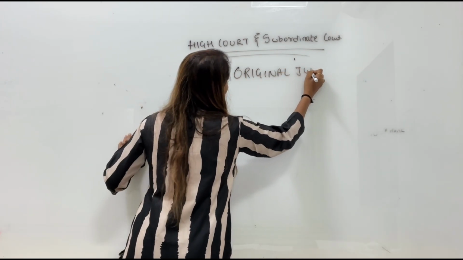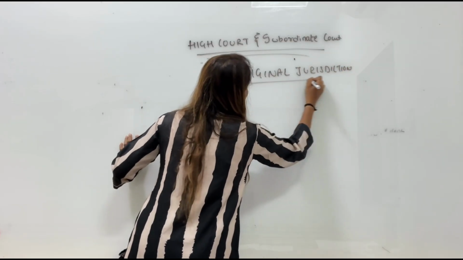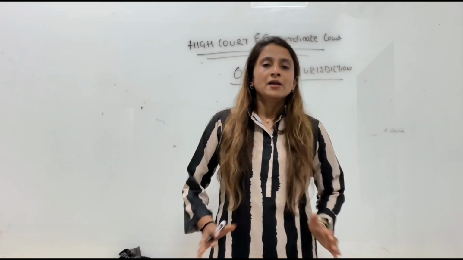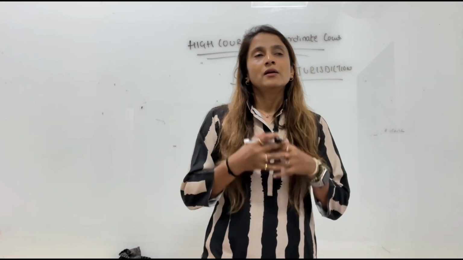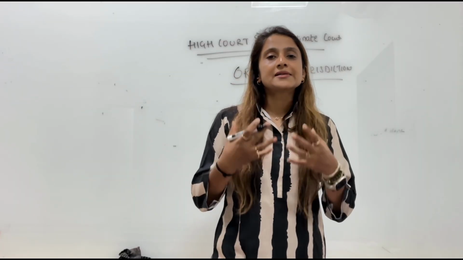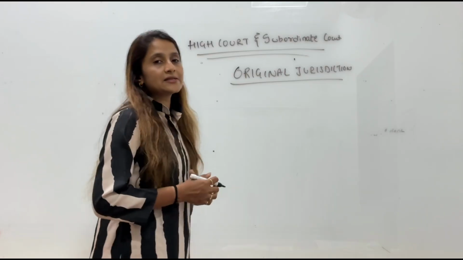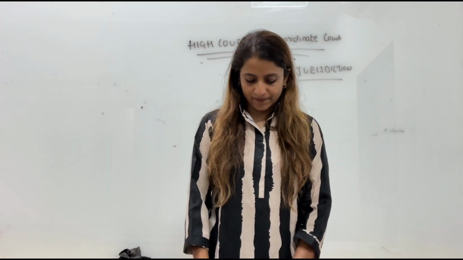They have original jurisdiction on 5 cases. That means there are some cases which can be taken to High Court and heard and decided by High Court in the first instance. And those cases are called High Court having original jurisdiction.